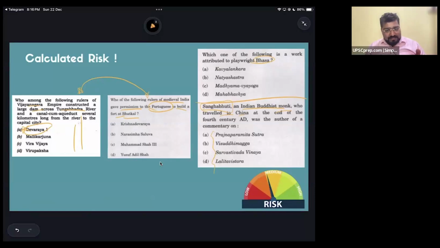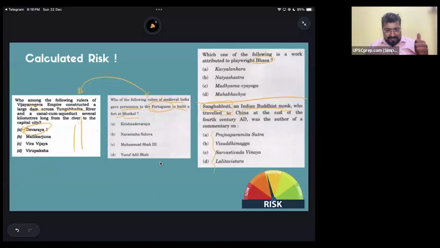But always remember the key to clear the prelims. The key to clear the prelims is not these questions. The key to clear the prelims is the easy questions which are asked from the basic books. Suppose you make a mistake in a very easy question from NCERT, or in a very easy question from polity, which is there in Laxmikant, or a concept which is there in Modern India Spectrum, and you make a mistake over there, then that's a concern.